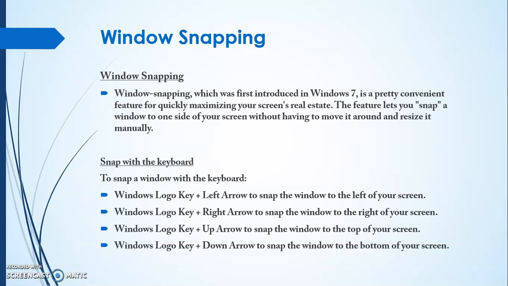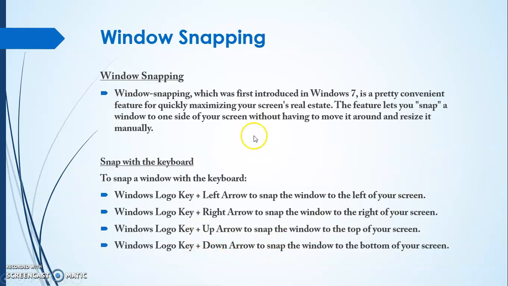So you can see there are some keyboard shortcuts by which you can snap the window: the Windows logo key and the four arrow keys. What will be the function performed? When you use the Windows key with the left arrow, it will snap the window to the left side, meaning this side. If you use the right arrow, it will snap to the right side.